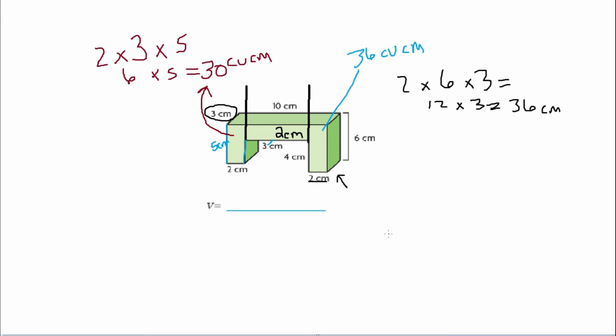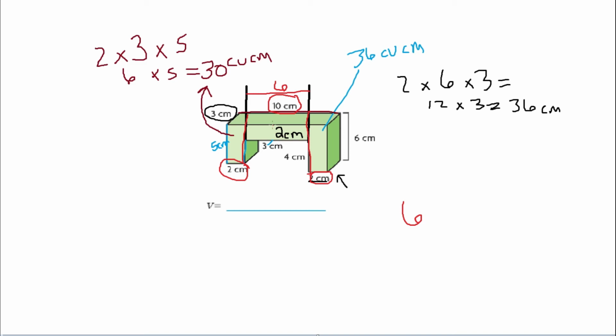Now, to finish the puzzle out, it was originally 10 centimeters across, but because we took off this piece right here and this piece, and both were 2 centimeters in length, 2 plus 2 is 4, so we have to subtract 4 from 10, which is going to give us 6. So the width, or the length, is 6, okay? So there's your 6.